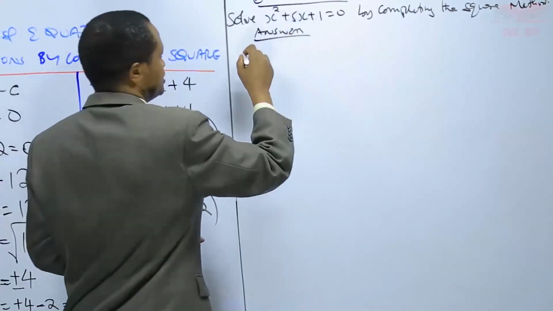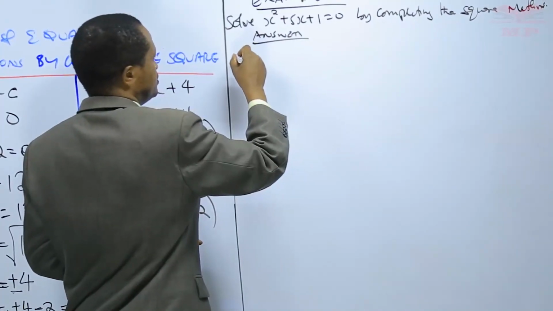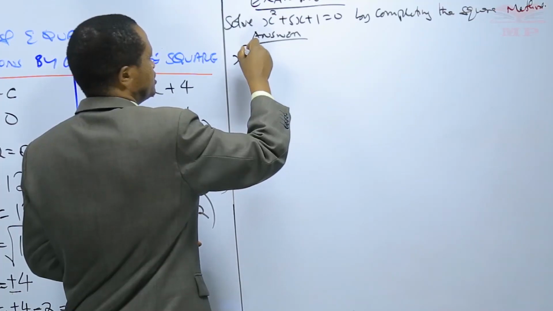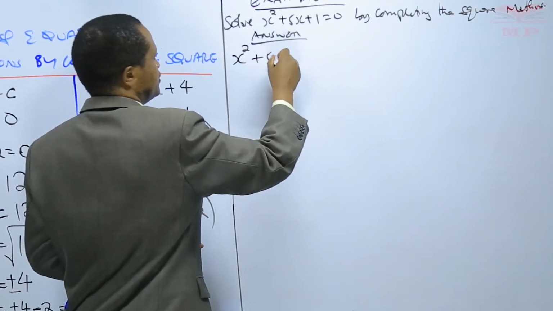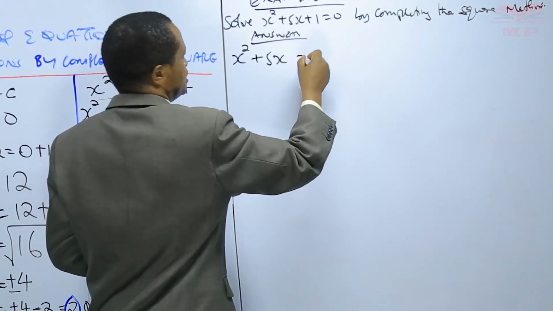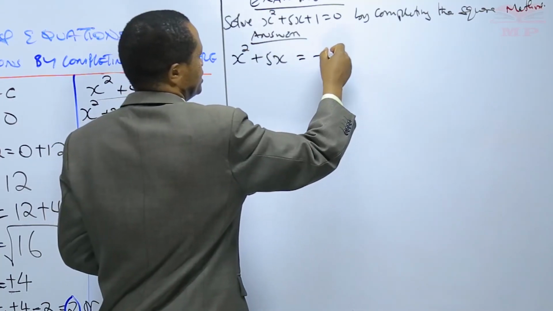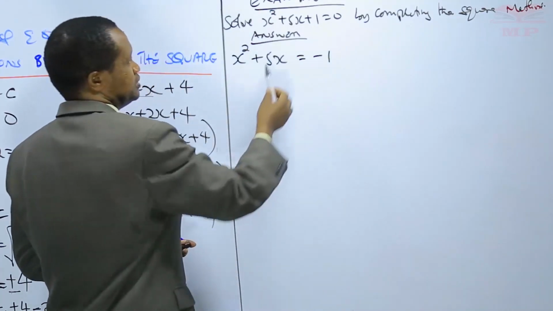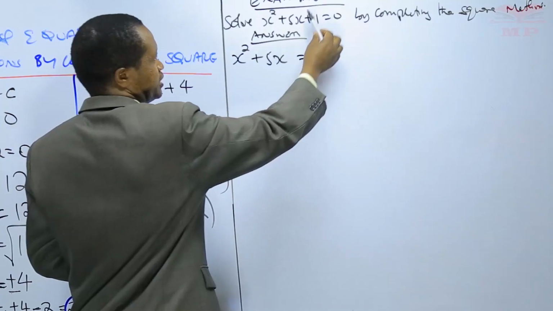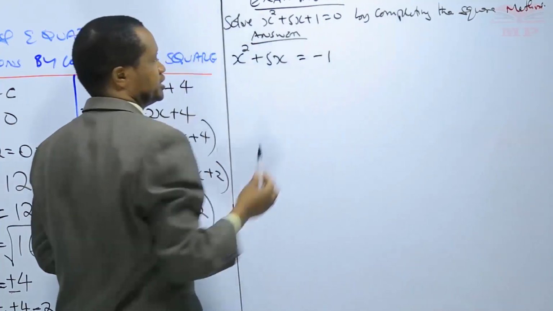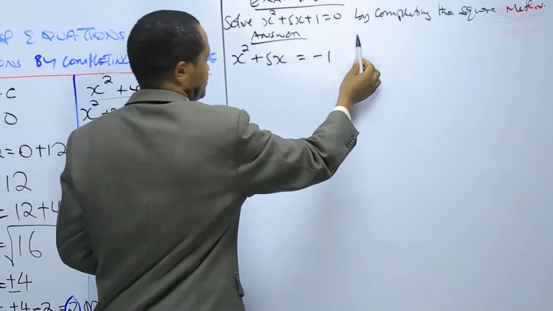We first rewrite the equation in this form: x squared plus 5x is equal to -1. Take the 1 to the right hand side, it becomes negative.